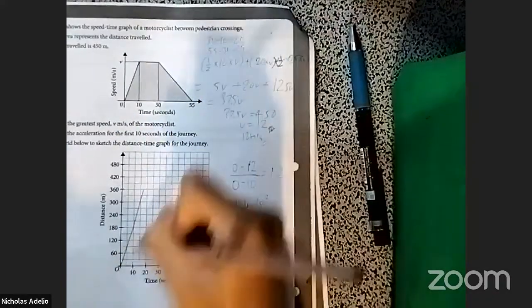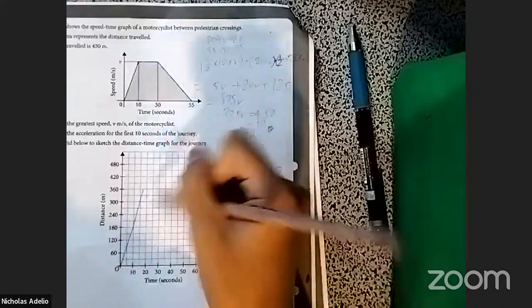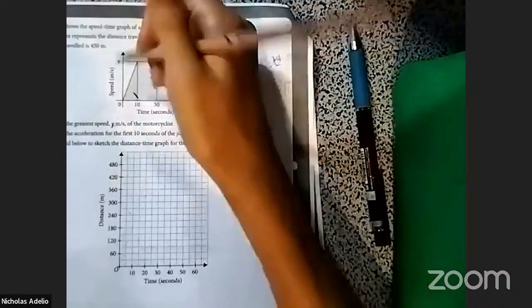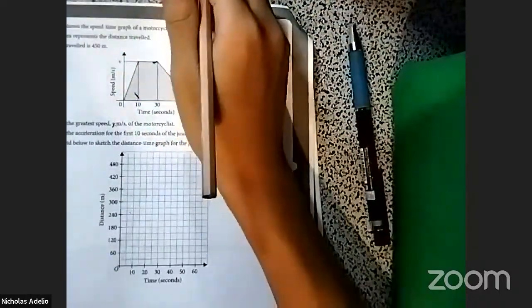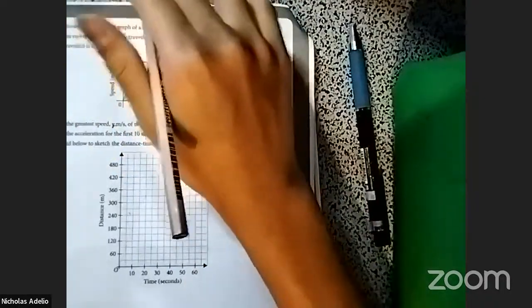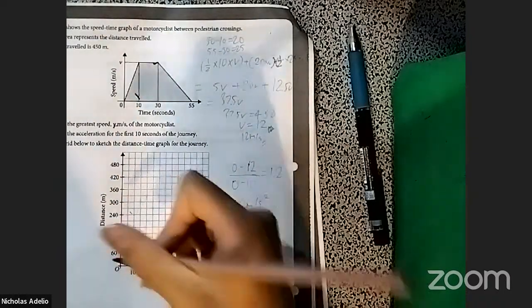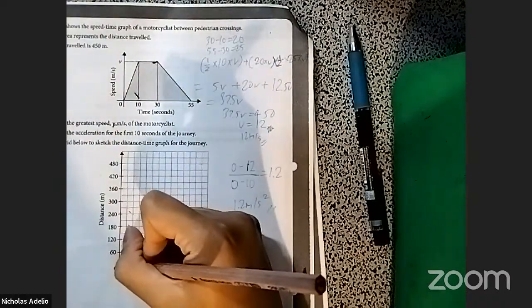It should probably be like a curved graph because the speed increases. I know there should be a curve because, wait, let me think. It gains speed, so it starts to cover more distance in less time.